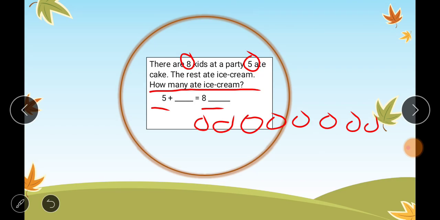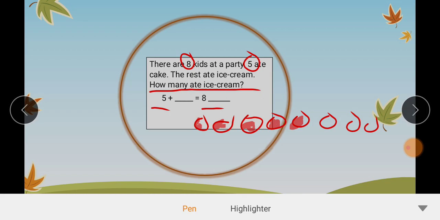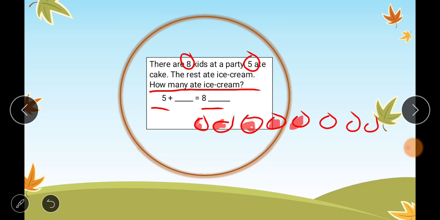We're going to color 5 circles. 1, 2, 3, 4, 5. How many circles are empty? 3 circles are empty. So our missing addend is 3.